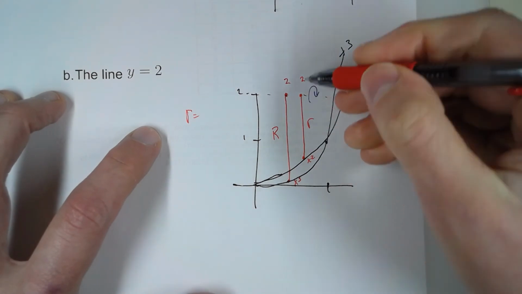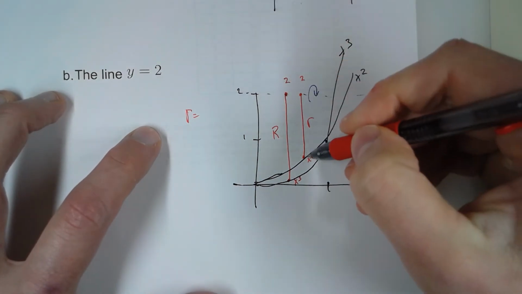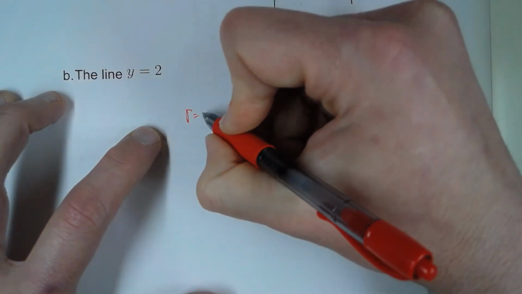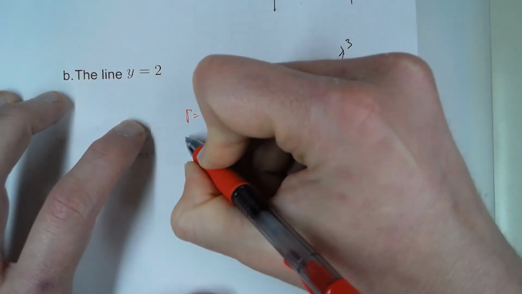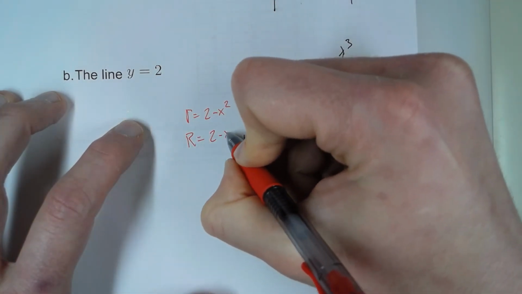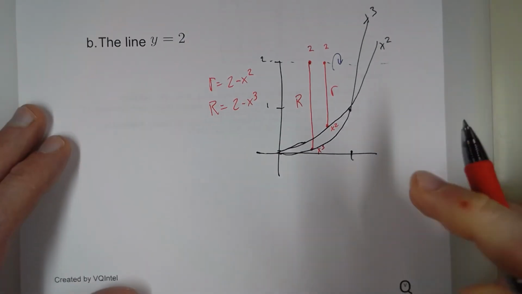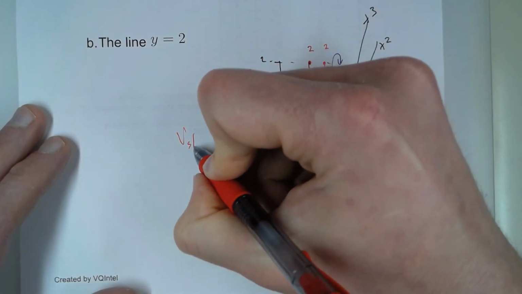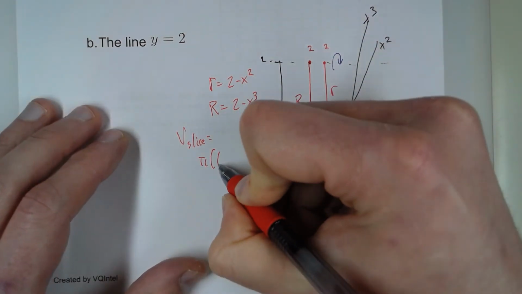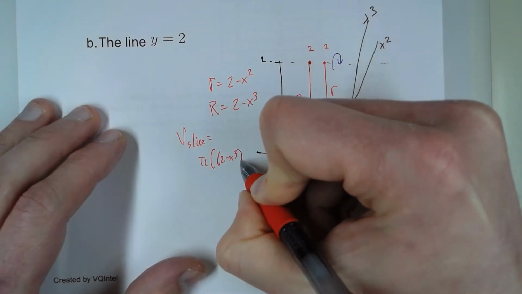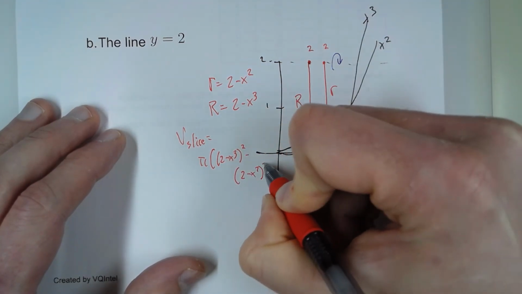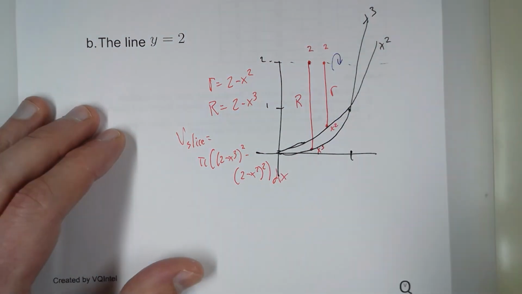So little r is, again, you take the top number minus the lower number. This is larger than this. So 2 minus x squared. And big R is 2 minus x cubed. So the volume of the slice is going to equal pi times big R squared, 2 minus x cubed squared, minus 2 minus x squared squared, dx.